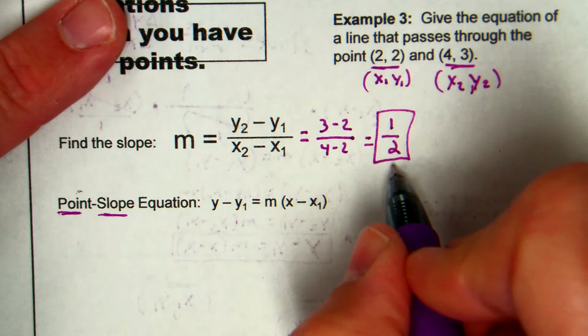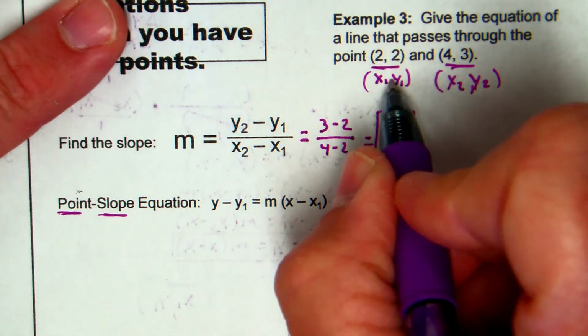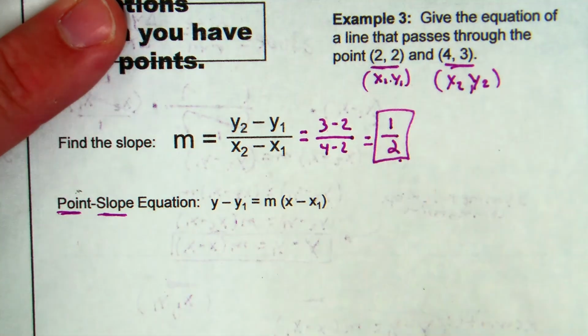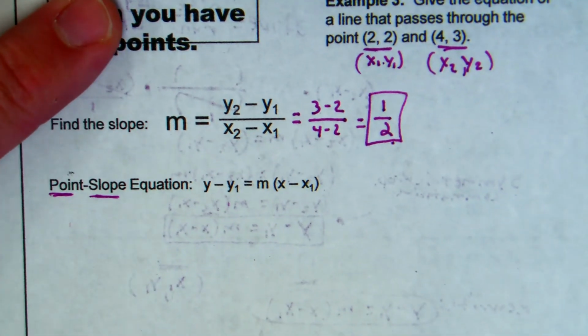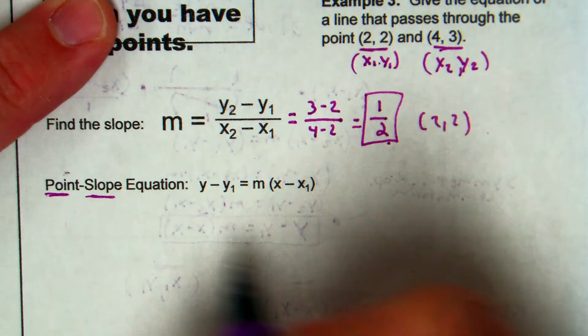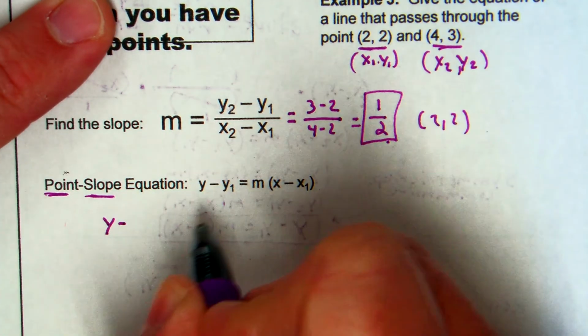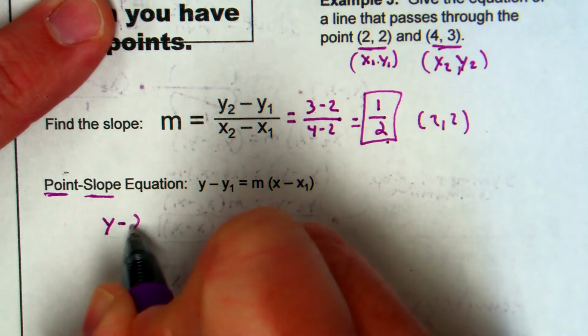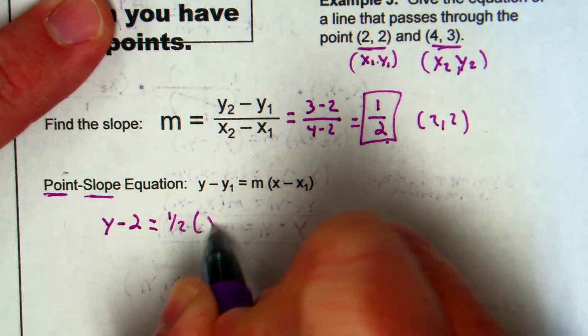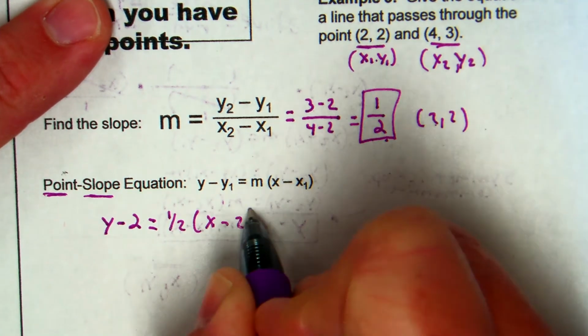Once you know the slope, you can take your slope and either one of these points, plug them into your point-slope formula, and it will give you the equation of the line. I'm going to pick, to start with, the point 2, 2. This is y minus, y1 is 2, equals m, my slope is 1/2, x minus x1 is 2.